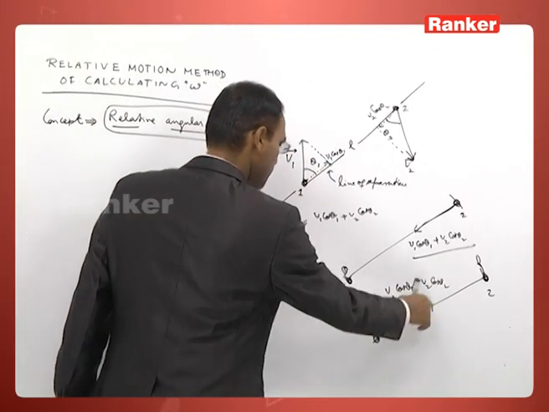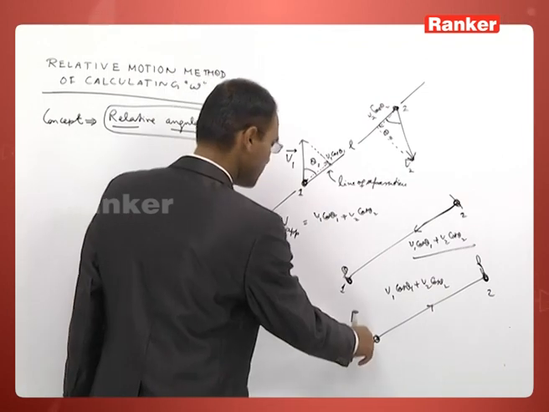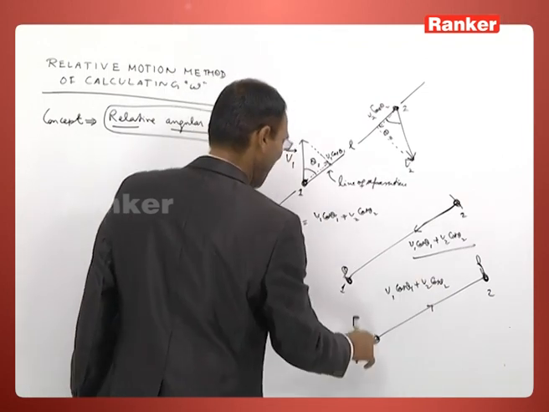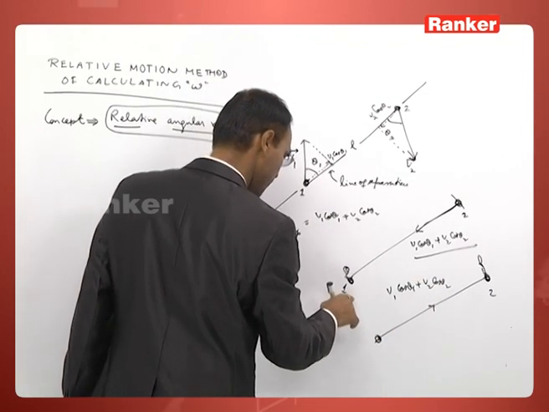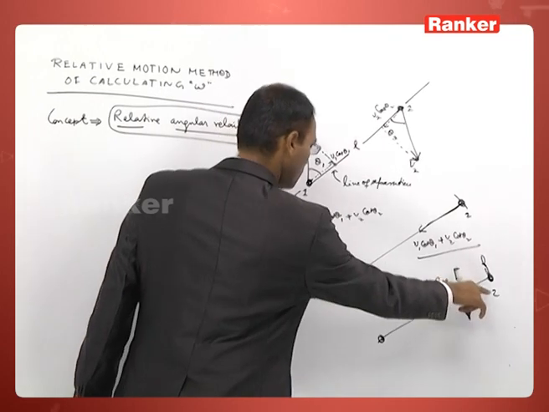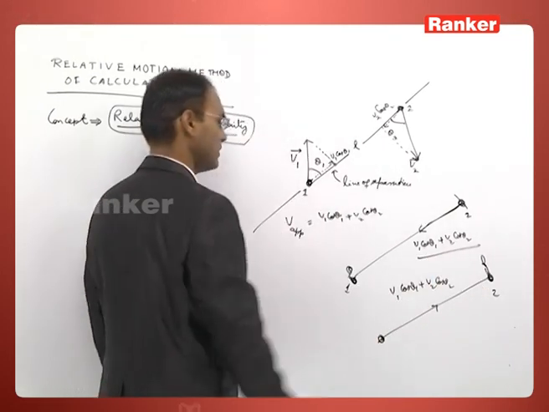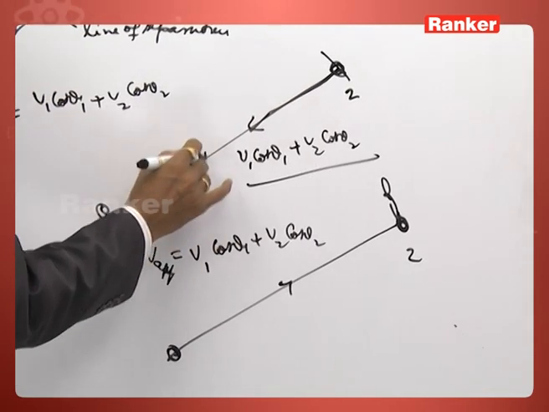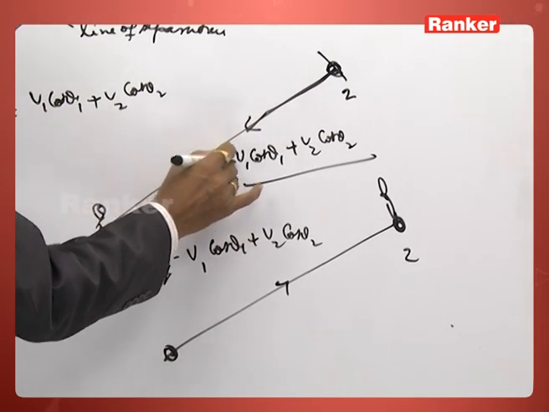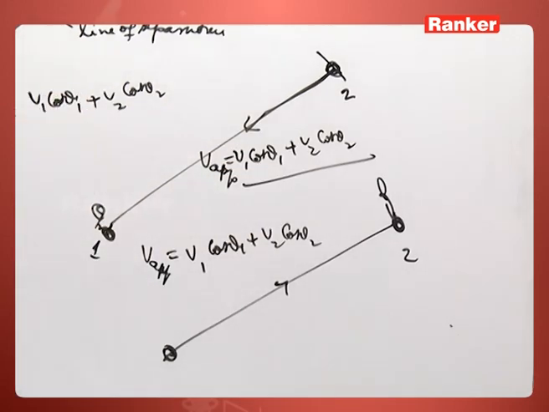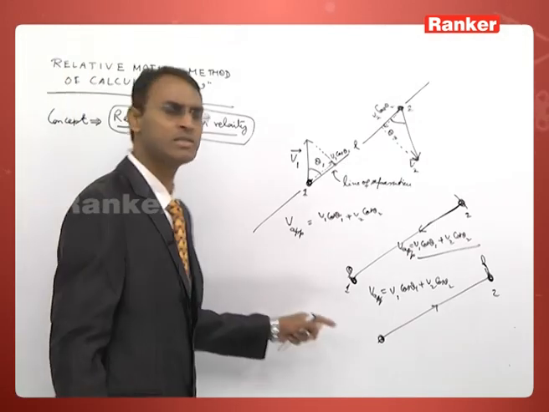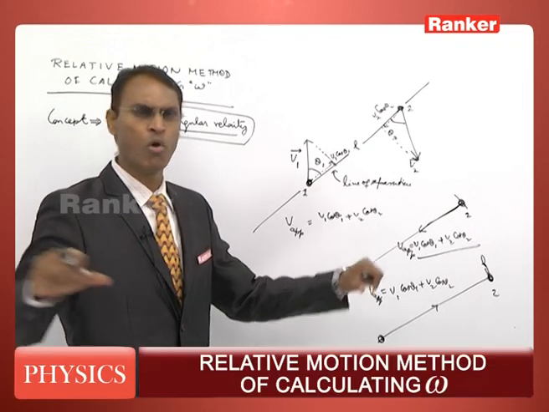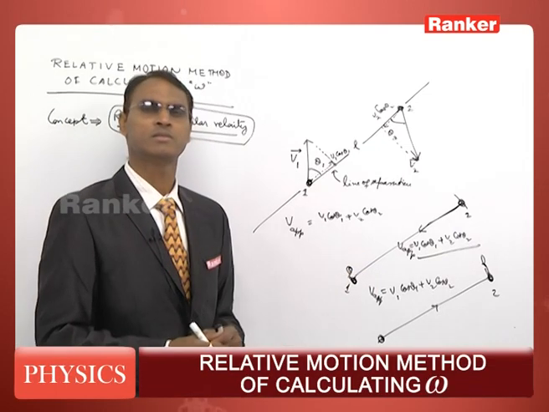However, this is not the total velocity of this particle with respect to you. This is the component of the velocity of 1 with respect to 2 along the line of separation. That is also called velocity of approach. These two velocities are equal and opposite. The velocity with which each particle seems to move towards each other is called approach velocity.